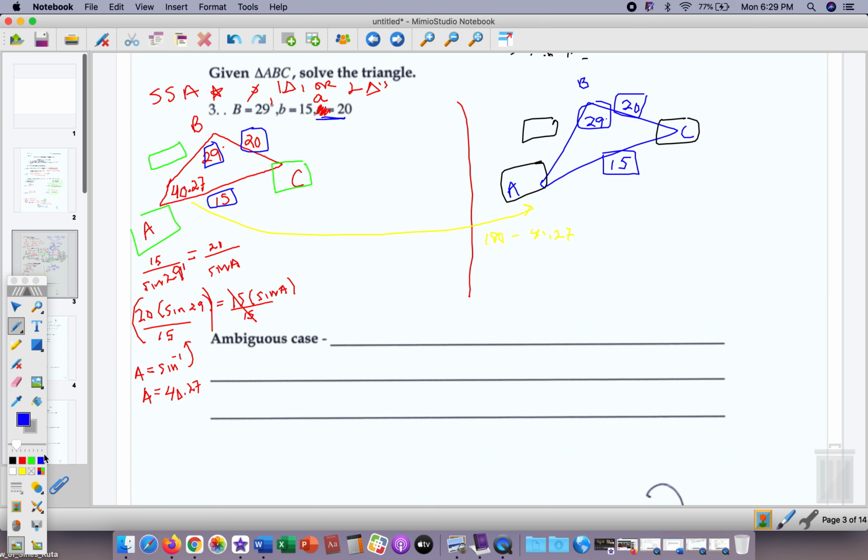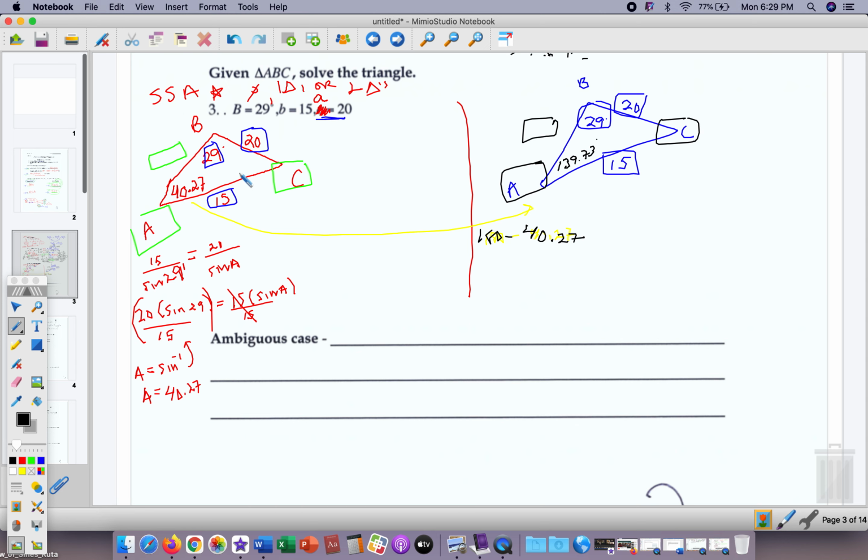So in the other triangle, I'm going to put 180 minus that angle I just got, 40.27. This pen is not working. 40.27, and that would give me a different angle, 139.73.